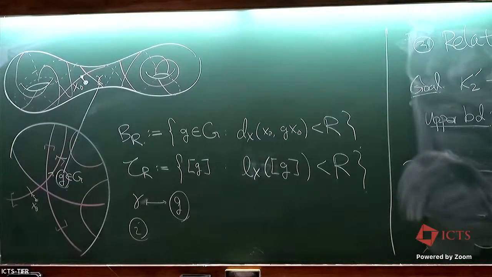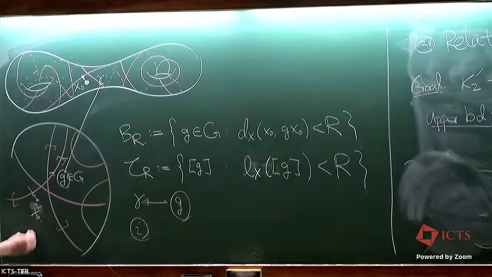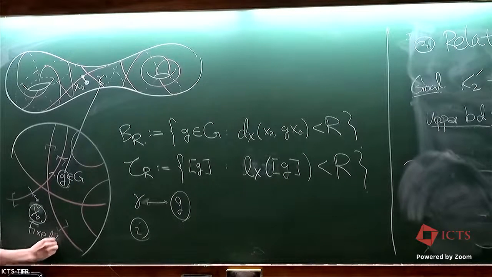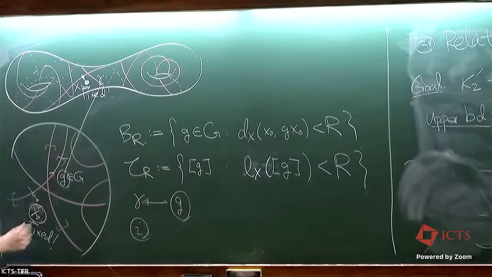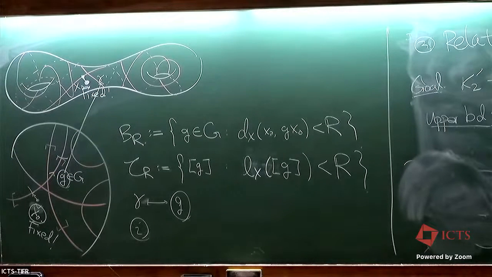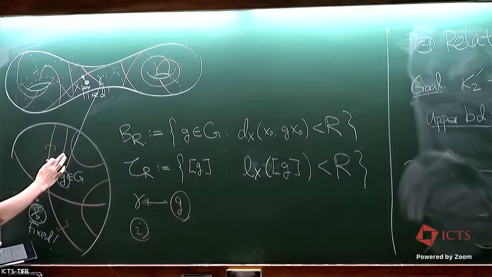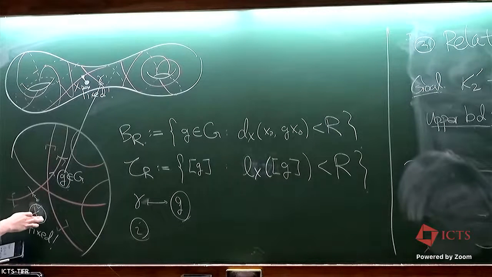Sorry, I will fix this as x0 just to make sure. These are fixed, and x0 is fixed. Now, if this gamma is long, we will see other orbit points of x0 that are also nearby gamma. What does it mean?